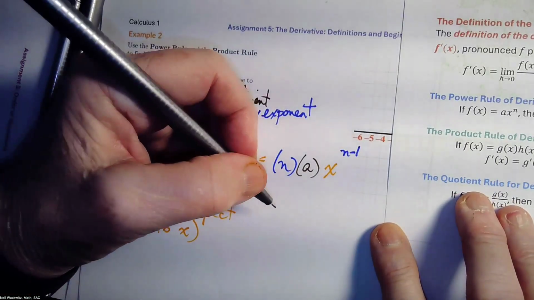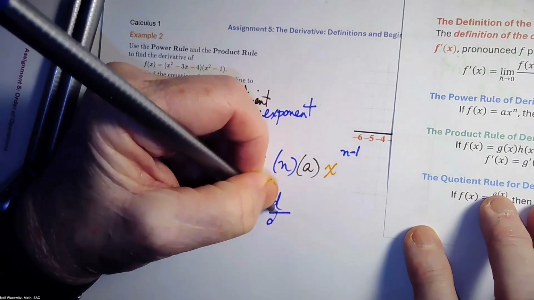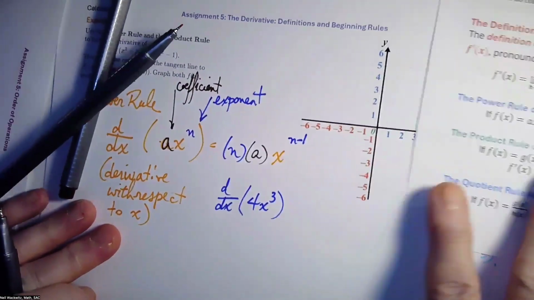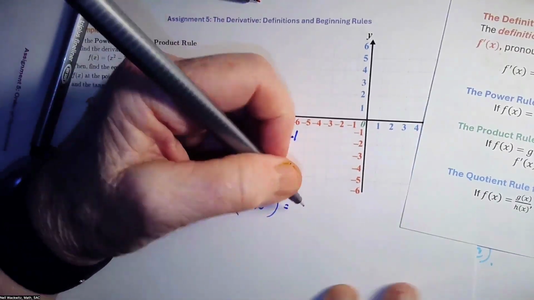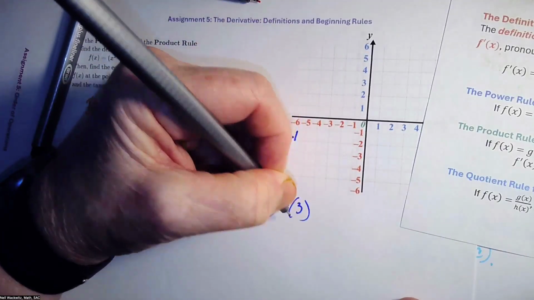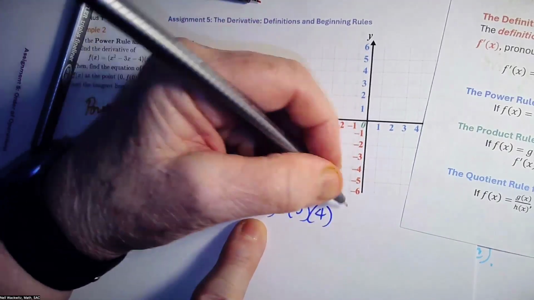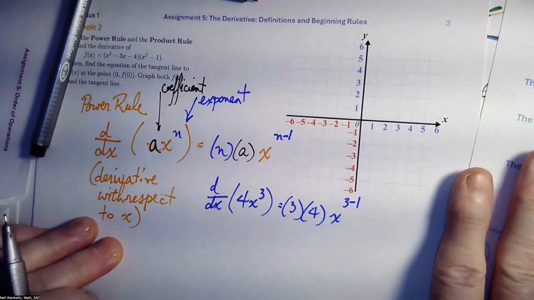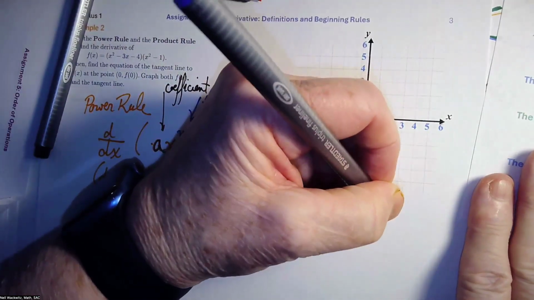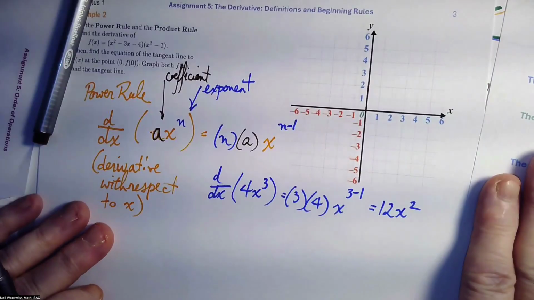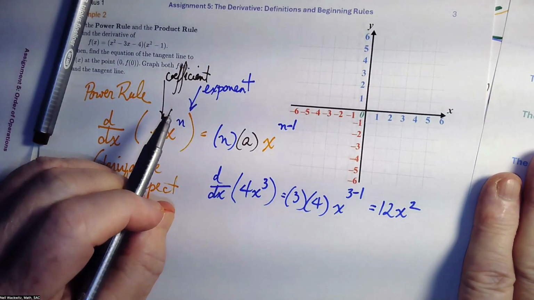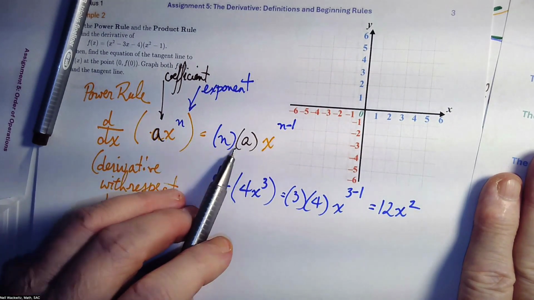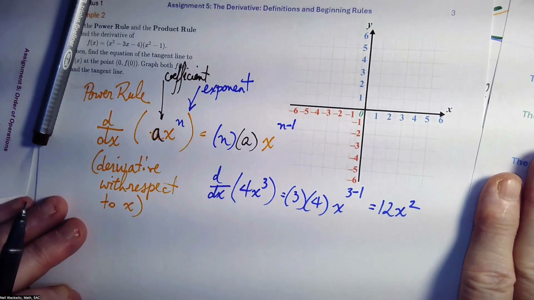So for instance, if we had to find the derivative of 4x cubed, we would bring the 3 down, multiply it by the 4, and then we would subtract 1 from the 3. So that's just 12x squared. So the power rule, you bring the exponent down in front of the coefficient and then reduce the exponent by 1.